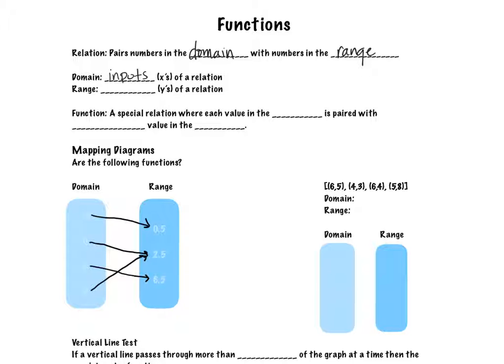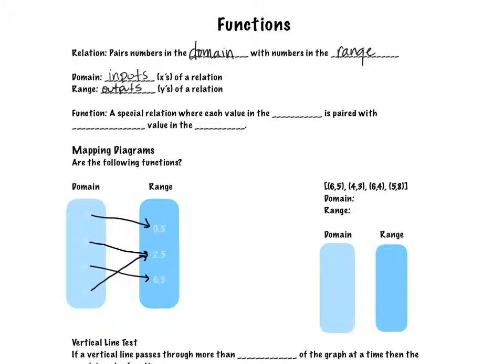We're usually talking about the x's. We generally write the domain inputs as x's. And the range is outputs of a function or a relation, so the y's. So a relation is just anything that pairs numbers together.